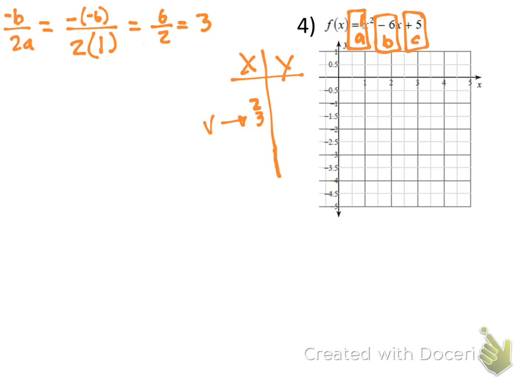So we got 2, 1, 4, and 5. I'm going to work with the smaller numbers. Those are easier. Let's start with 1. Y is equal to 1 squared minus 6 times 1 plus 5. I think that's right. Okay, yep. So 1 squared is 1 minus 6 plus 5.